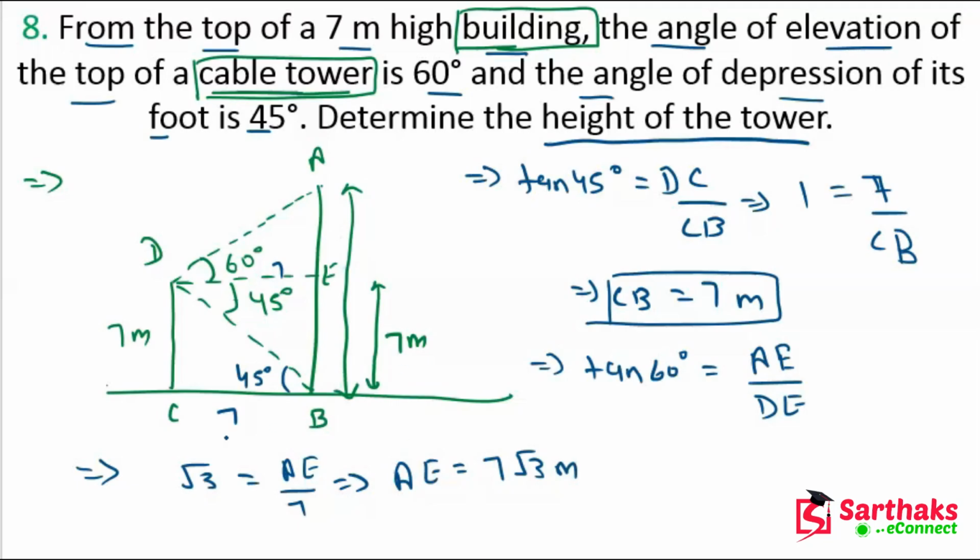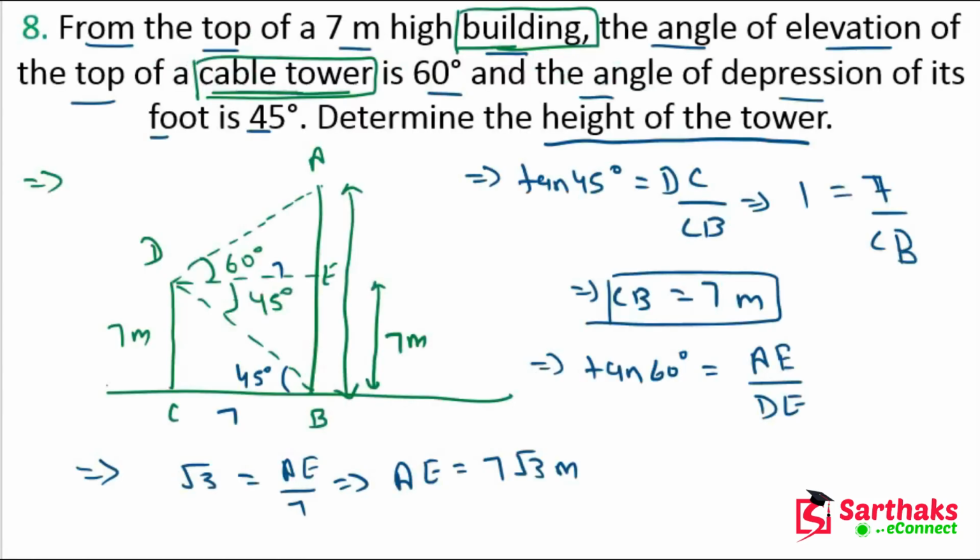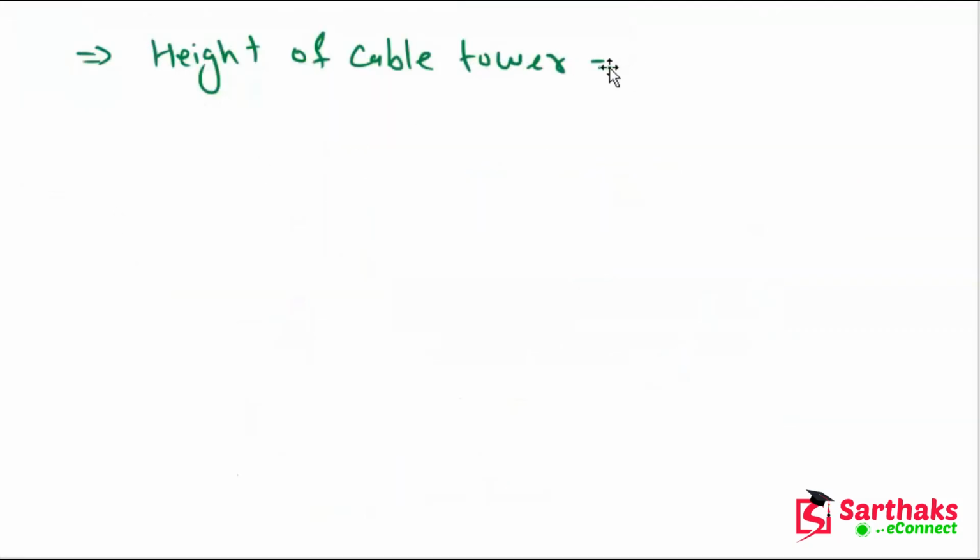Okay. Now what is the value of AB? So the value of AB means height of cable tower is AE plus EB.